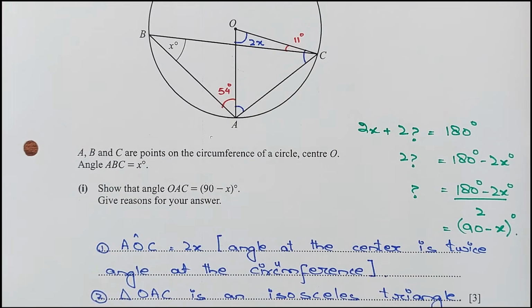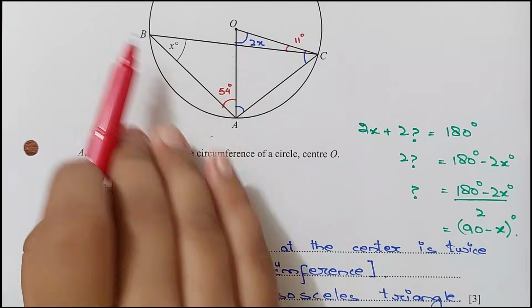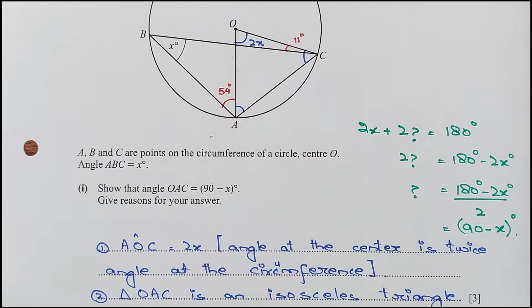Okay, so if I consider the triangle ABC, the sum of all angles of a triangle is 180.